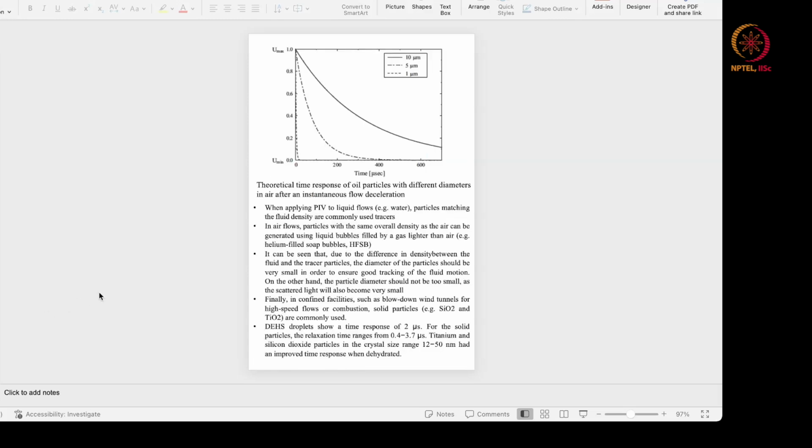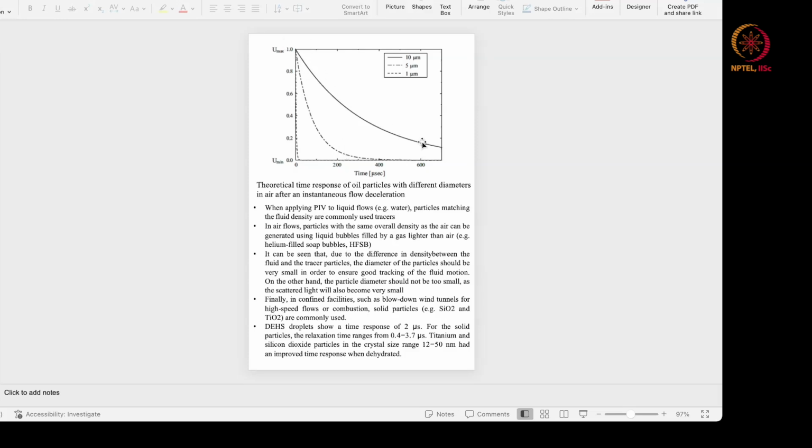This is, for example, the Umax, and this is the relaxation time. A 1 micron droplet relaxes from Umax to Umean in a very short time interval, in microseconds. Whereas a 5 micron droplet takes about 200 microseconds to reach about 1.1 of the mean.